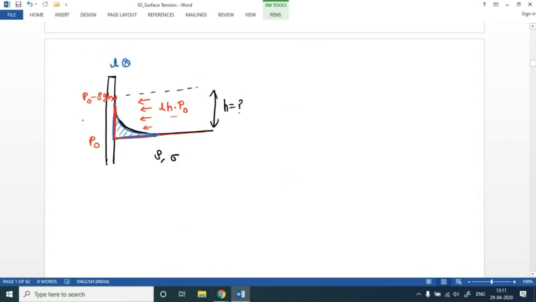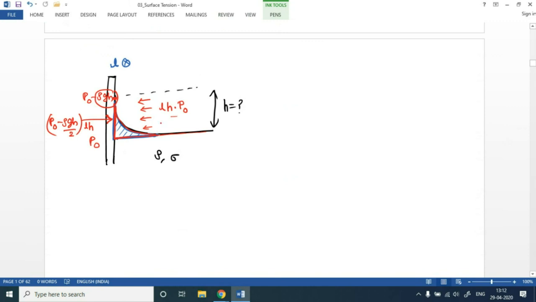The force which will be acting from this side would be the average pressure times area. The average pressure would be P naught minus rho gH by 2, the average of this quantity, and that multiplied with area, which is L into H. So this is the force acting on this element of liquid from the left side.